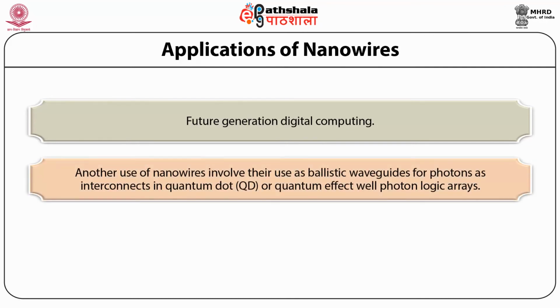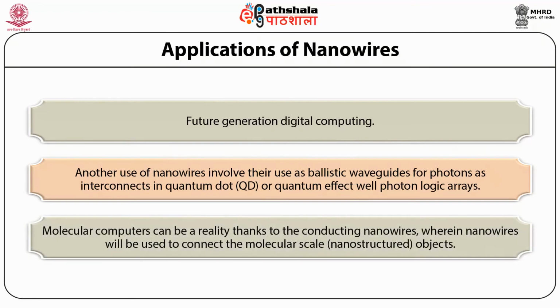Another way to use the nanowires involves their use as ballistic waveguides for photons as interconnects in quantum dot or quantum effect well photon logic arrays. In these structures, photons travel inside the tube and electrons move in the outer shell.